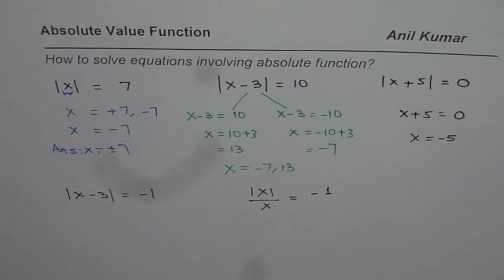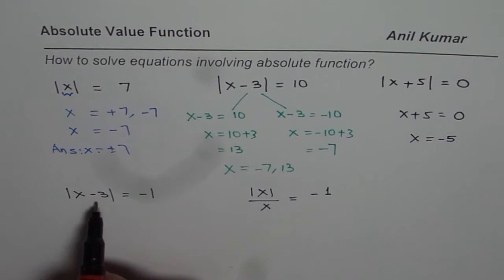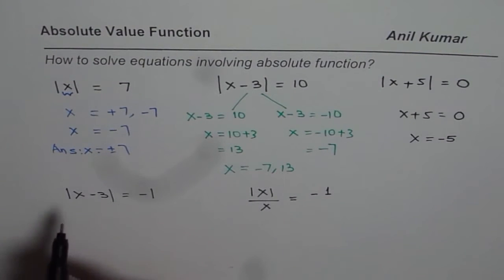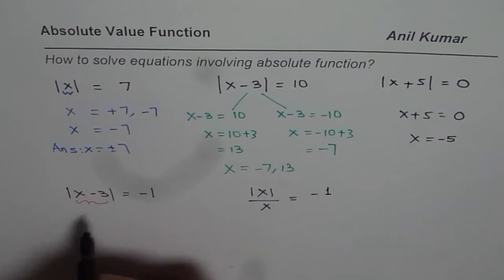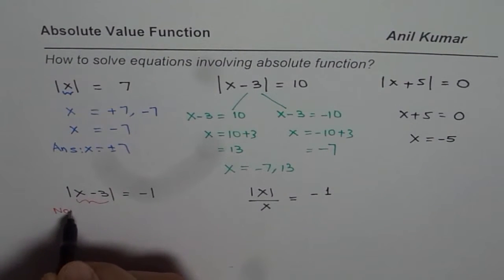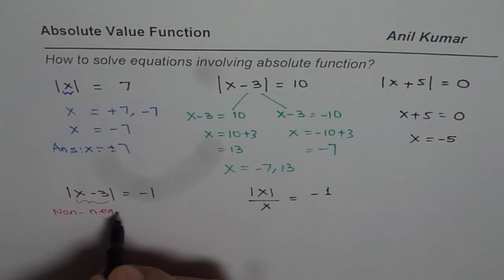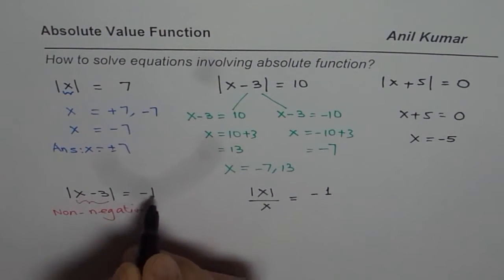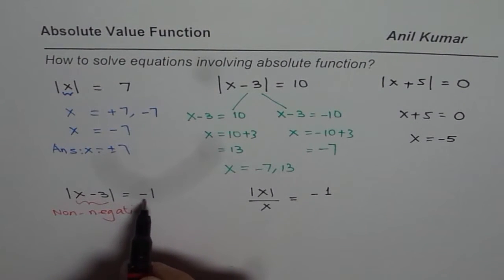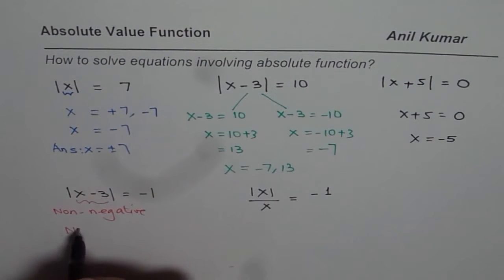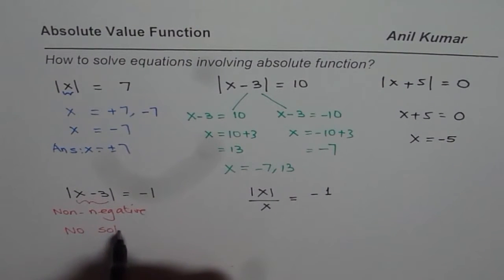You can actually pause the video and answer the question, right? Now here, the first one, which is the absolute value of x minus 3 equals negative 1. We know the absolute function is non-negative, right? Since the absolute function is non-negative and we want negative 1, we have no solution, correct?